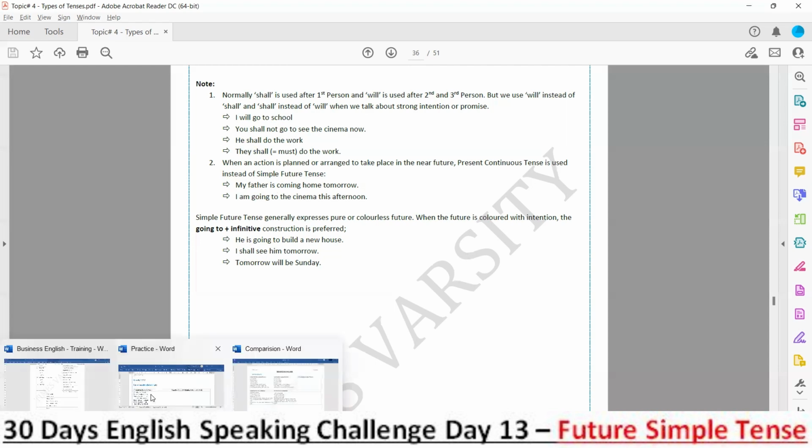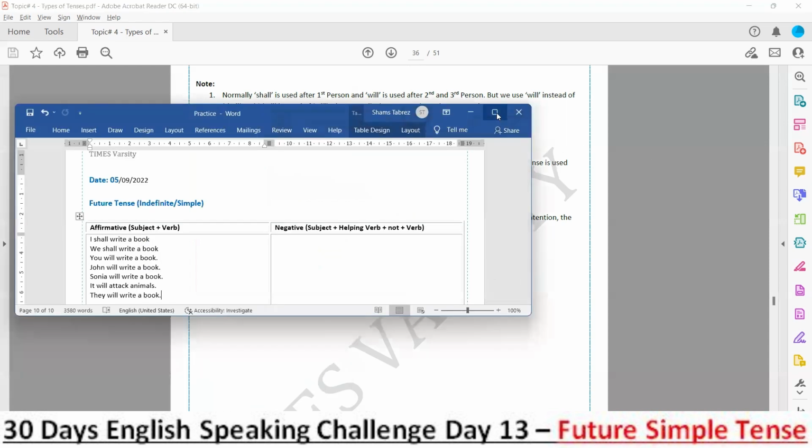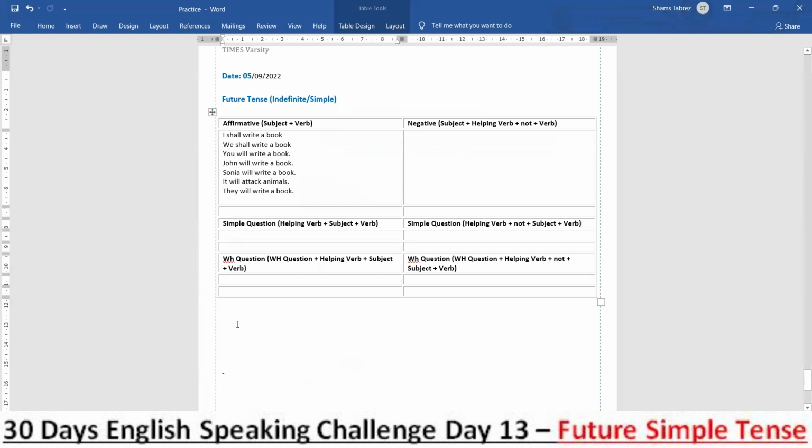So let's do some comparison. My father will come home tomorrow. This is future simple or indefinite tense.